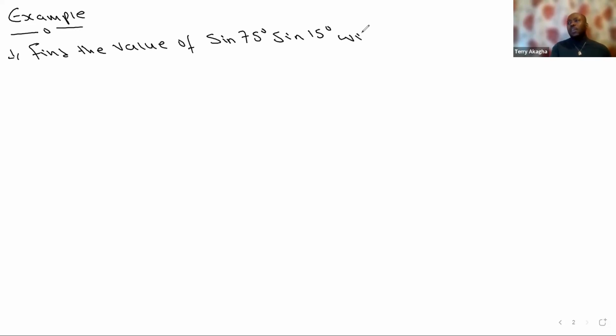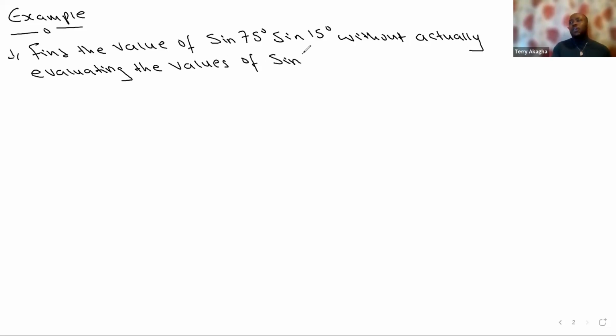Let's just pick any numbers, without actually using the calculator or evaluating the values of sine 75 and sine 15.